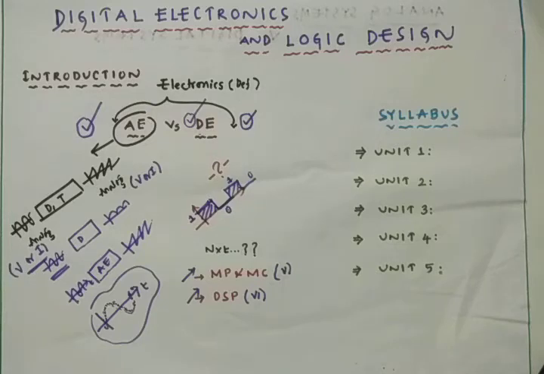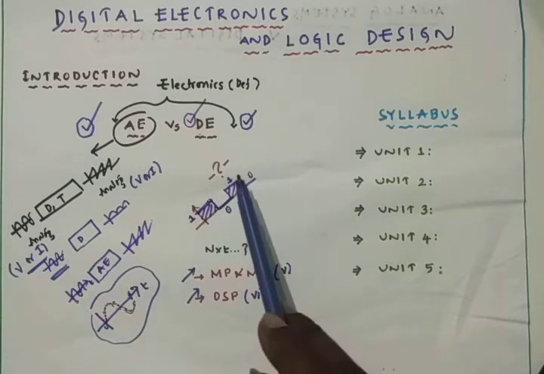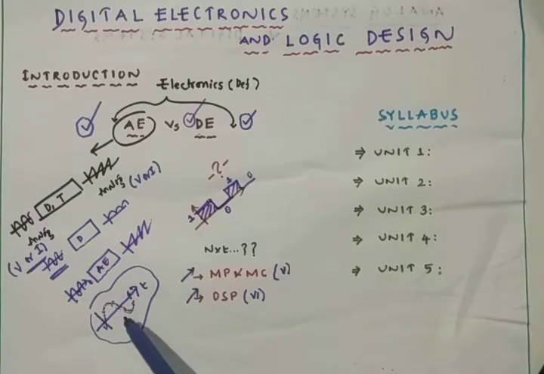Digital systems or digital electronics completely deal with digital signals only. In digital signals, we will be having two discrete values. That signal may be voltage or current. We will be having only two discrete values, either 0 or 1. Whereas in case of an analog signal, we will be having infinite amplitude levels.